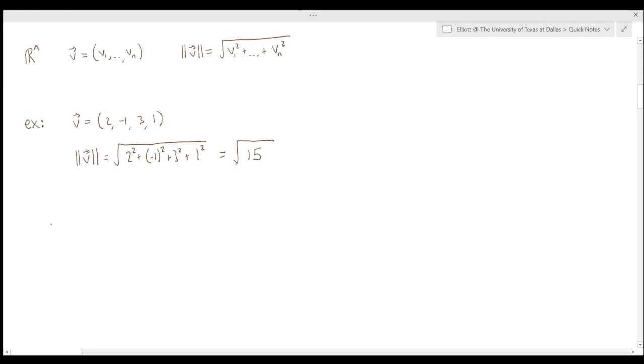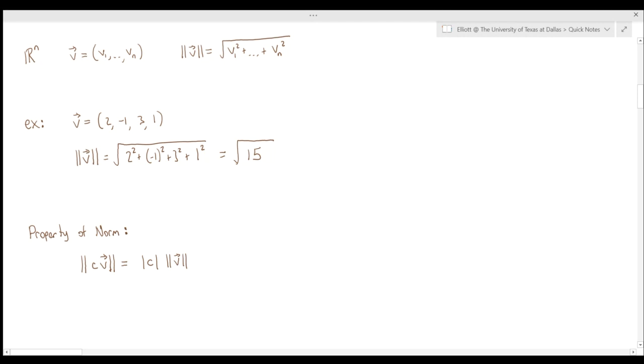All right, one property that I want to mention about the norm. If we want the norm of a scalar multiple of some vector, it turns out that this will be equal to the absolute value of c times the norm of the vector v.